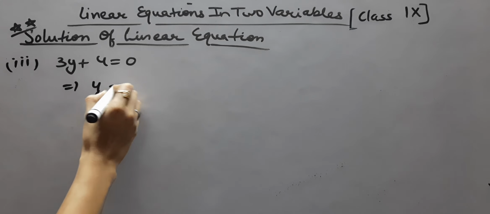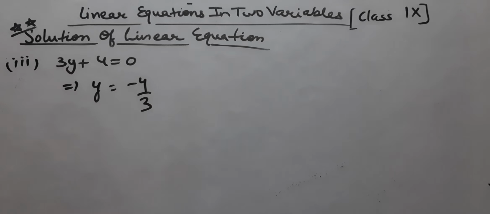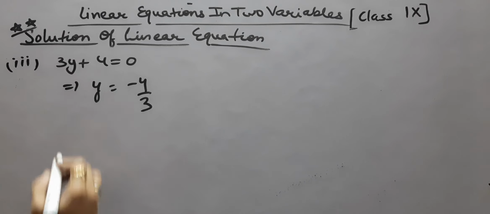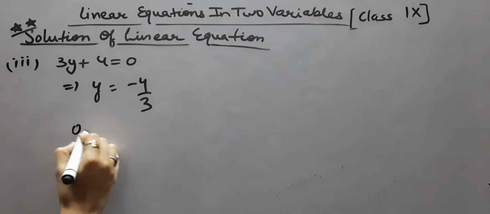I can find the value of y, minus 4 by 3. Now the value of x is free. I can take it as anything. Say 0 comma minus 4 by 3, then 1 comma minus 4 by 3. The value of x can be anything, because it is free to take any value. Okay, so this much is for today.